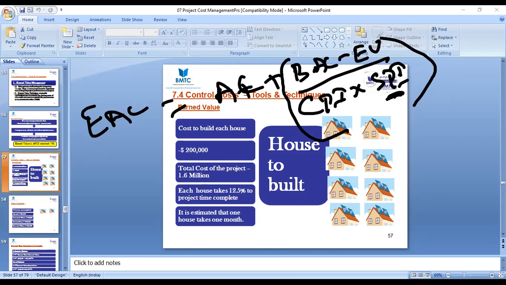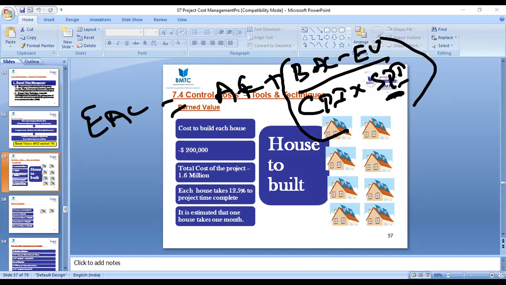So far, in all 3 formulas, you're not bringing in any kind of schedule performance. This is the only formula. The management is asking, try to factor in your schedule performance also, and predict the future numbers. What will be our new estimated completion?